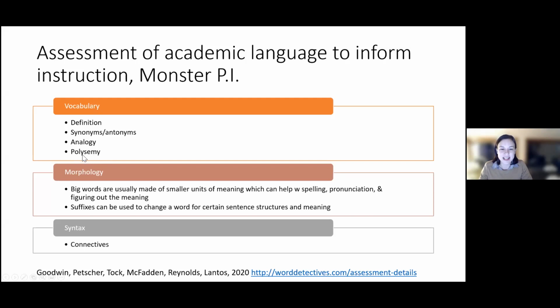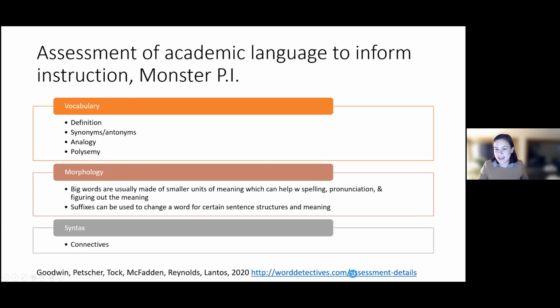So poly meaning many. Yeah, I'm going to mess that one up, but that just goes to show I need to go look that up. So polysemy means multiple meanings of a word. So these are the aspects of vocabulary that we want to think about.